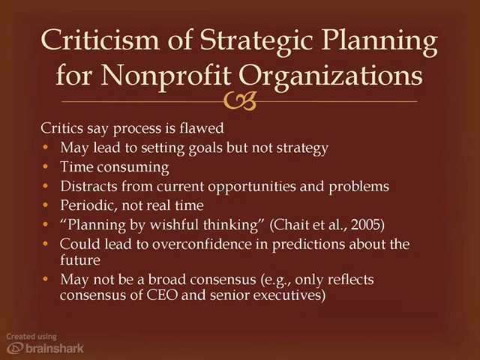It can be periodic and not in real time. It can be planning by wishful thinking. It can lead to overconfidence in the predictions about the future. It may not be broad consensus and only reflect the consensus of the CEO and senior executives. And these can all be true.